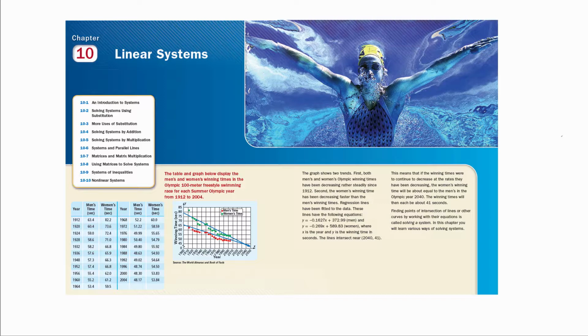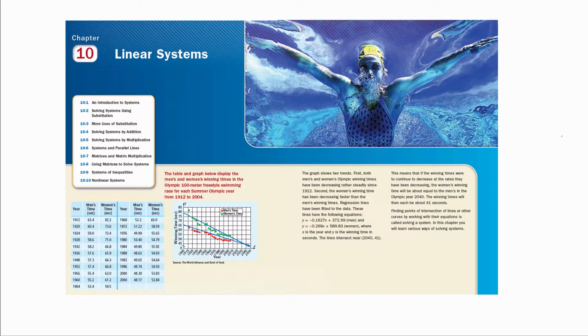It shows a set of data for men's time and women's time for the 100-meter freestyle swimming. You can see that using linear regression, as you plot out the times, it appears that the women's times are improving faster than the men's times, which leads you to believe at some point they will intersect.